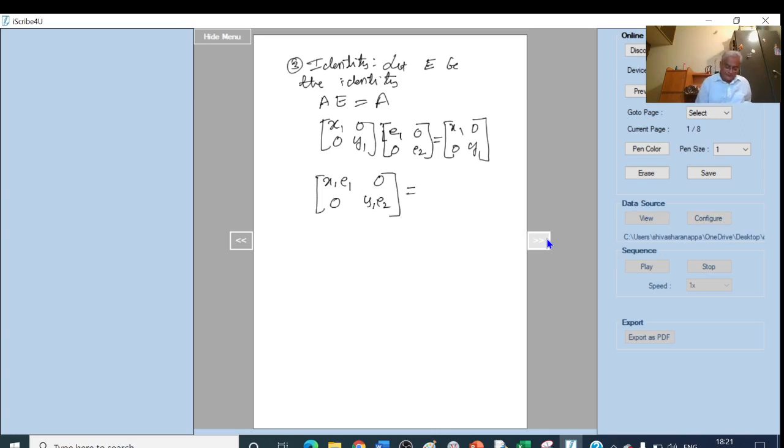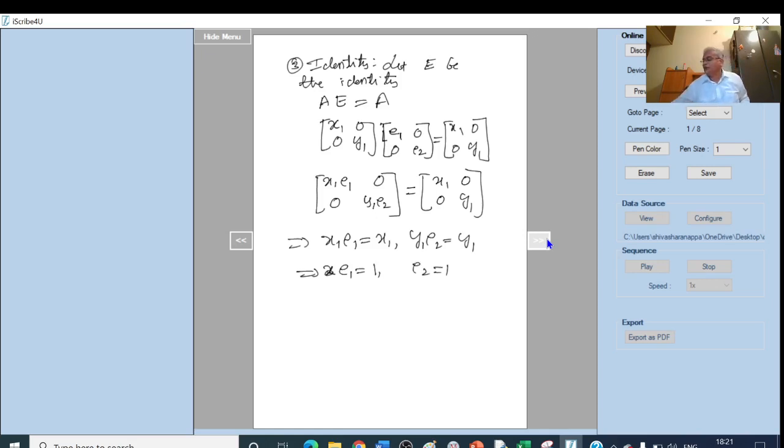This equals [x1 0; 0 y1], which implies x1 e1 is equal to x1 and y1 e2 is equal to y1. What this implies is e1 is equal to 1 and e2 is equal to 1.